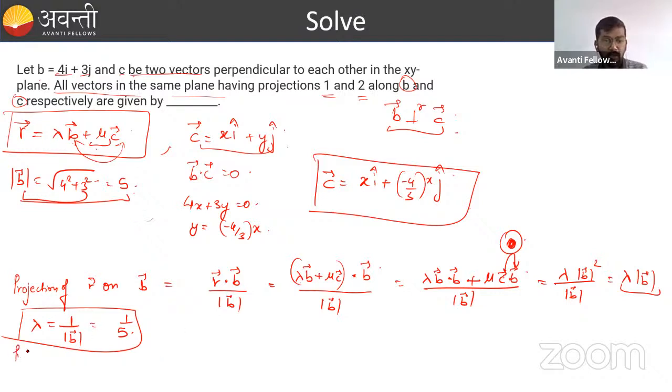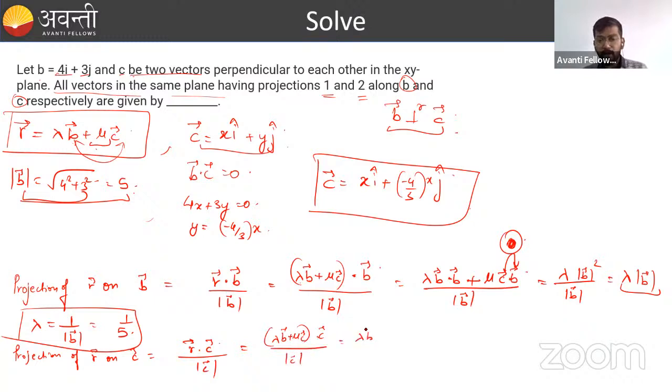Now projection of r bar on c bar will be equal to r bar dot c bar upon mod of c bar, correct? So this will come out to be r bar is lambda b bar plus mu c bar dot c bar upon mod of c bar.